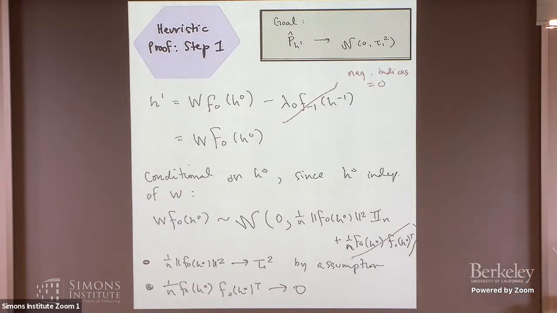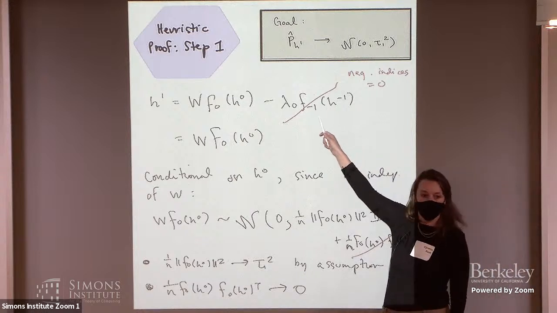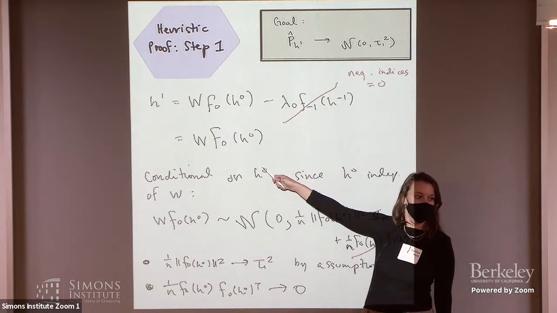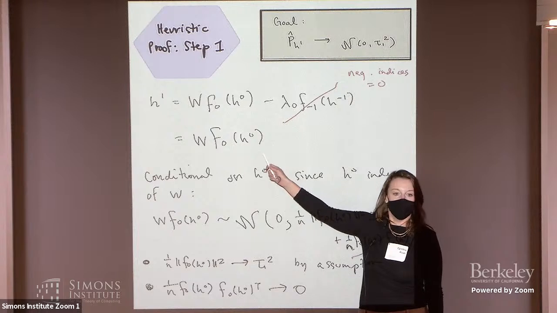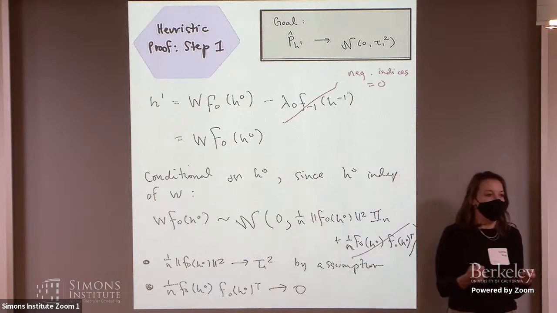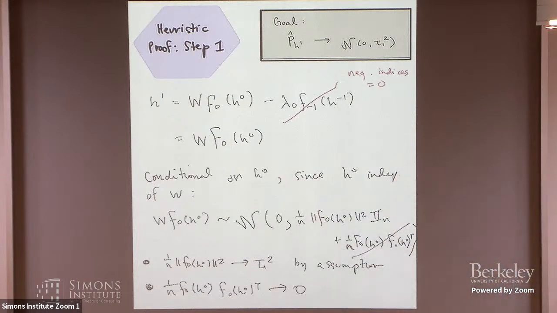The reason that was easy was because this term dropped out, so we just had our matrix vector multiplication. And it was also easy because the vector we were multiplying by the matrix and W were independent. W was assumed to be independent of my initialization H0.